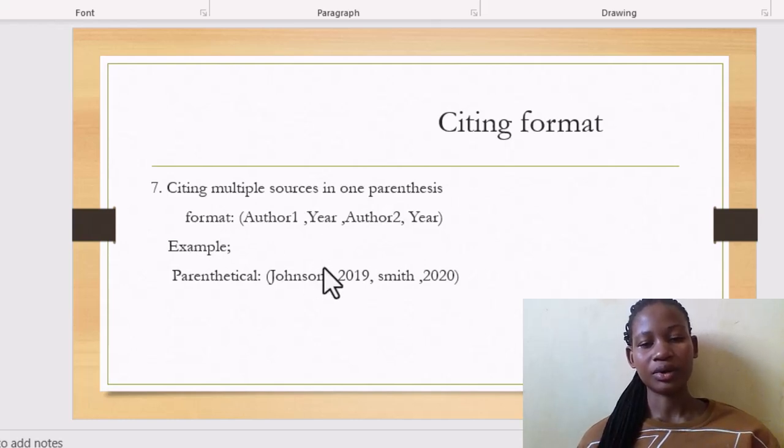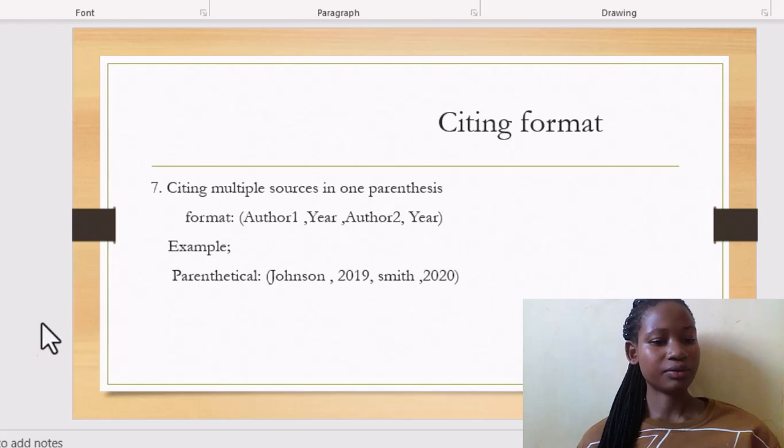Then an example here, we shall be having parenthetical. We shall not talk about the narrative format because it doesn't apply here. Giving my own example, I placed here Johnson, then the year he published the given article. Then we have Smith 2020, but all of them in the bracket. So the years that you're seeing are the publication dates.